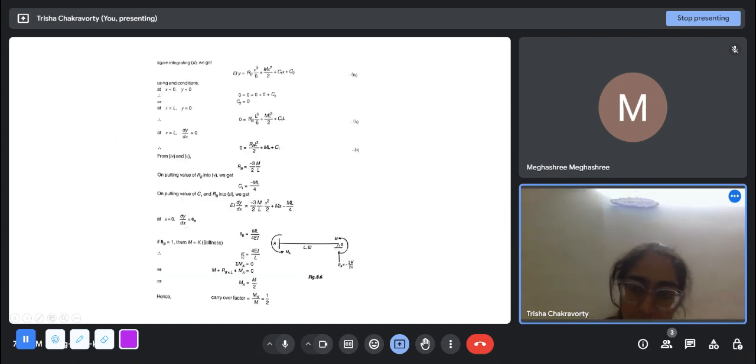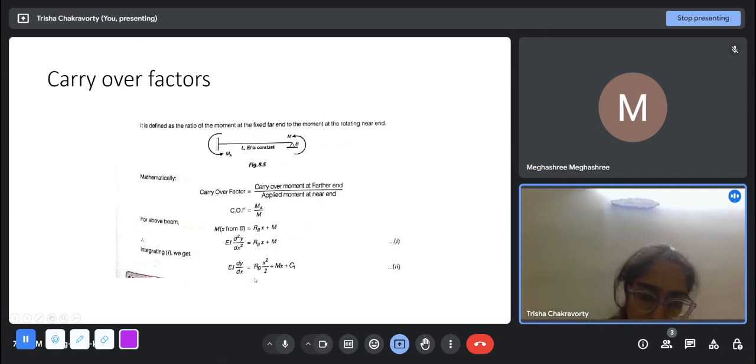Integrating, we will get an expression for y, and if you solve, you can find MA. This derivation is not that important because you just have to remember this. MA comes out to be M by 2. So if this end is fixed and you apply moment M here, a moment of M by 2 gets transferred in the same sense.